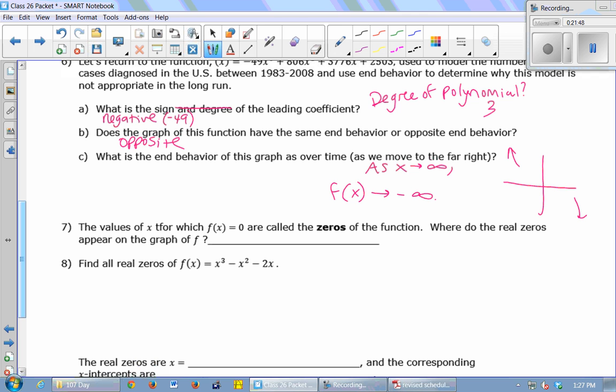All right, so values of x for which f of x equals 0 are called the zeros of the function. And where do real zeros appear on the graph of f? X-intercepts. Places where the function equals 0 is how you find x-intercepts.